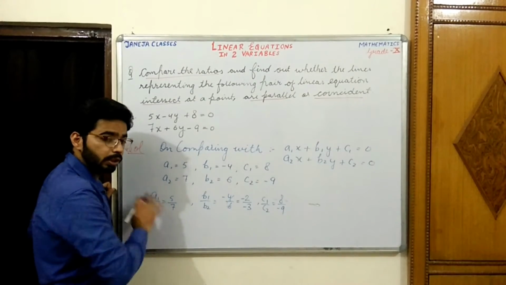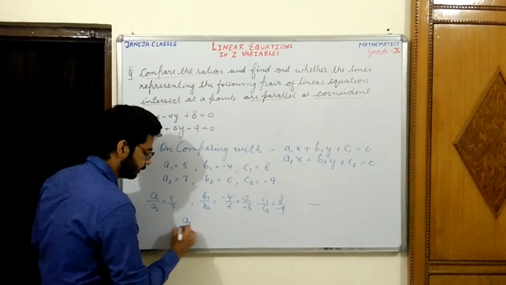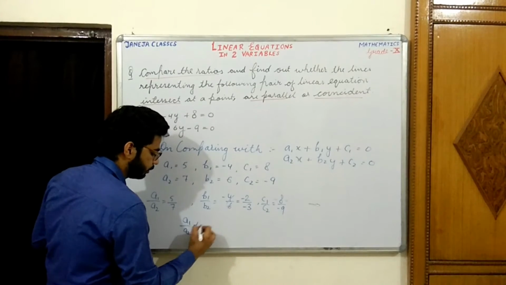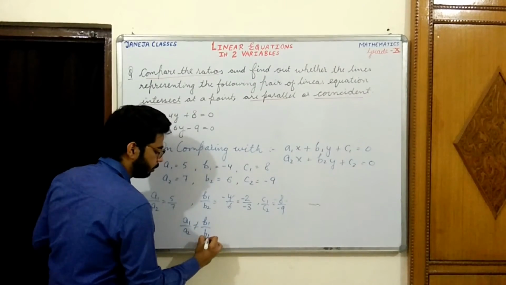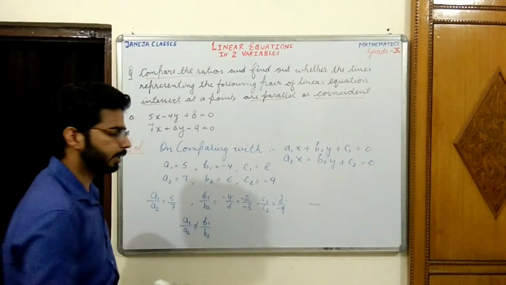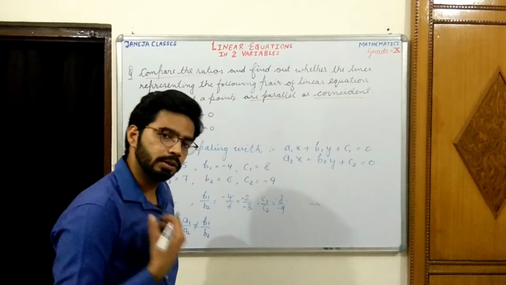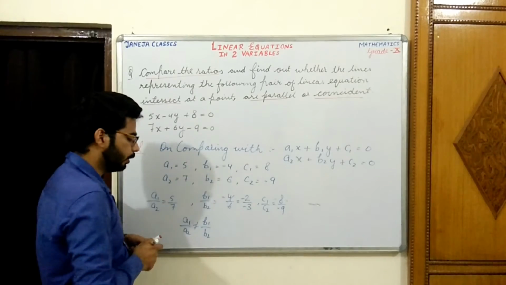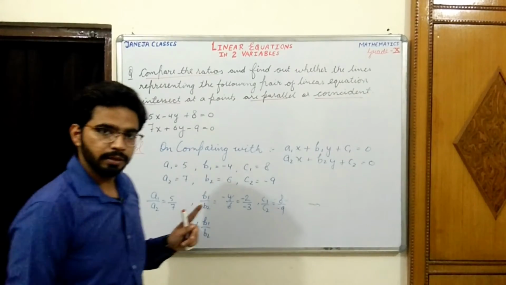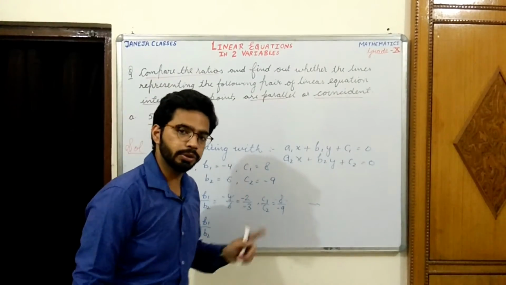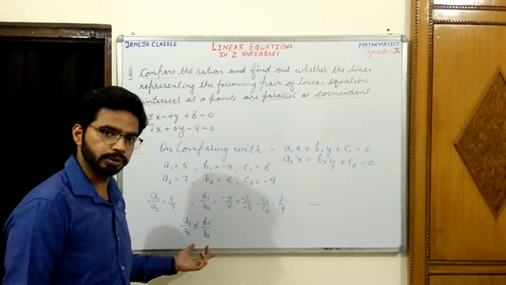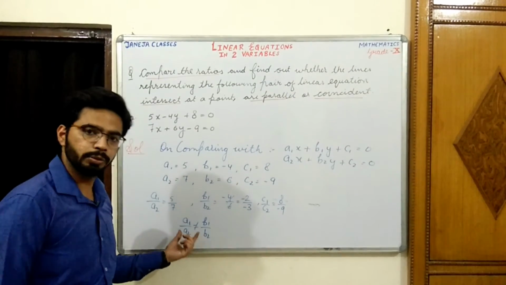If the first two ratios are not equal, just write this: a1 upon a2 does not equal b1 upon b2. If the first two ratios are not equal, then there is no need to check whether c1 upon c2 is equal or not, because the first case was unique solution, and for a unique solution we have to compare only the first two ratios, because only this condition should be satisfied.